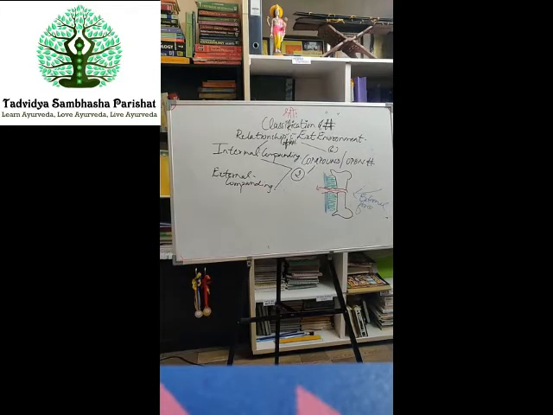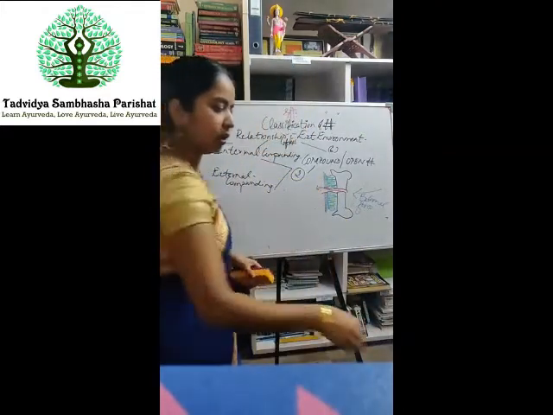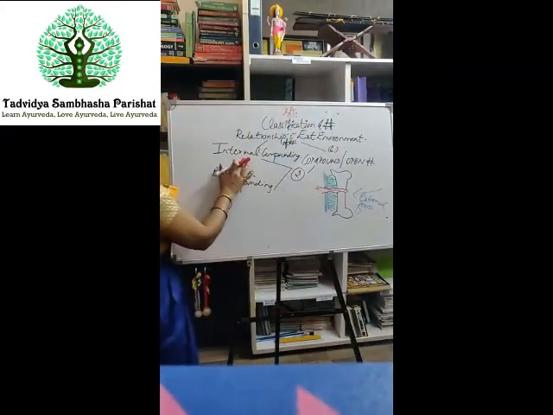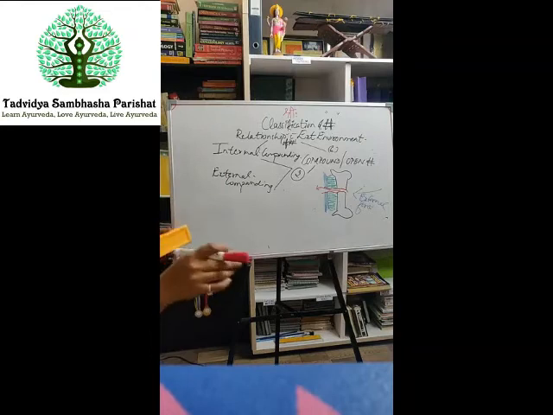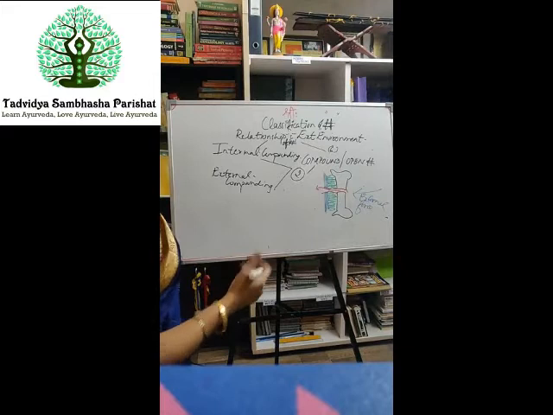So what happens with respect to internal and external? Now in the same figure I will make certain changes to explain the internal compounding. Internal compounding is the relationship from within, that is compounding from within.